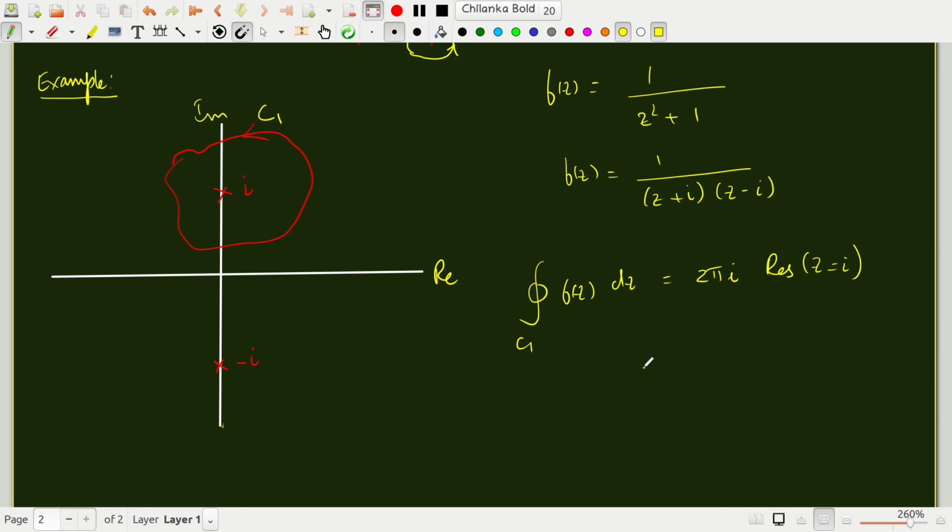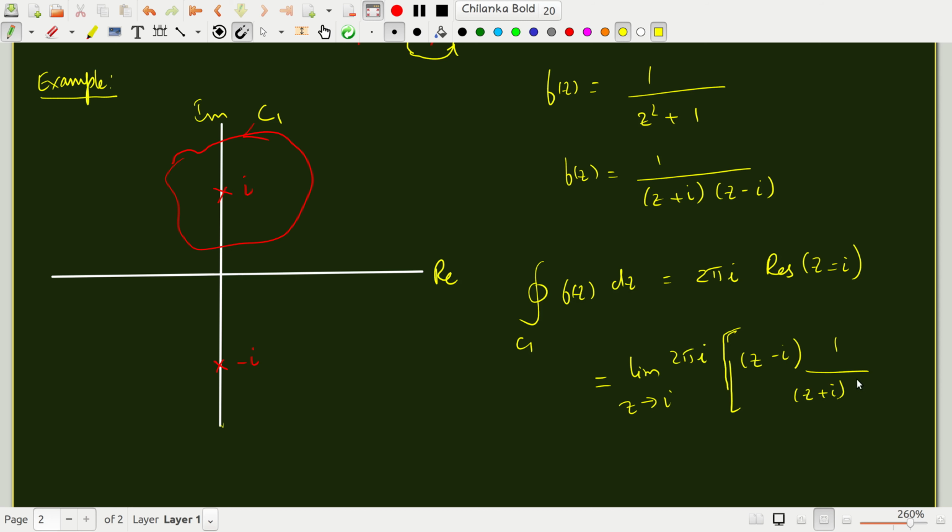So how do I find the residue of this function at z equal to i? It's 2 pi i times the limit as z tends to i of z minus i times the function 1 over z plus i times z minus i.